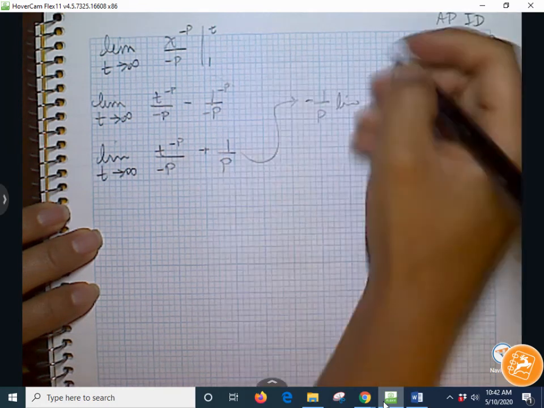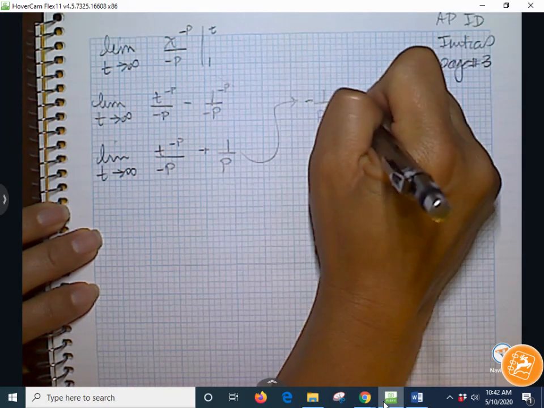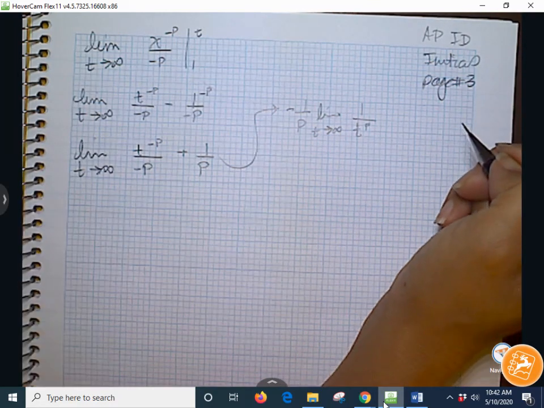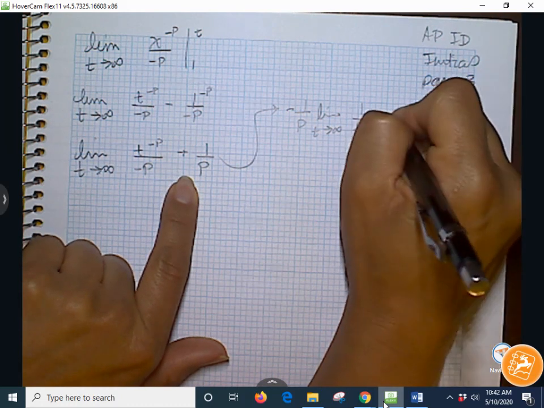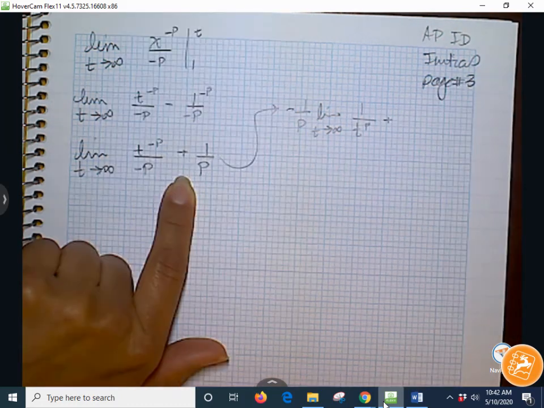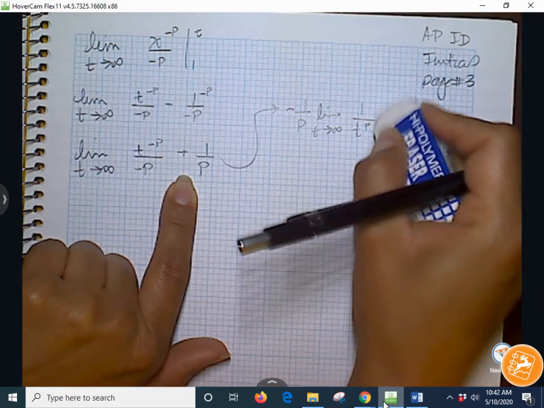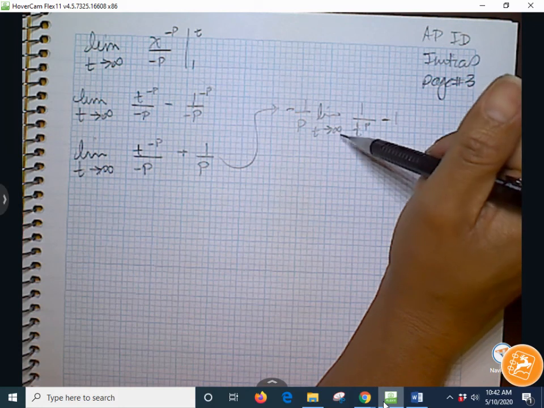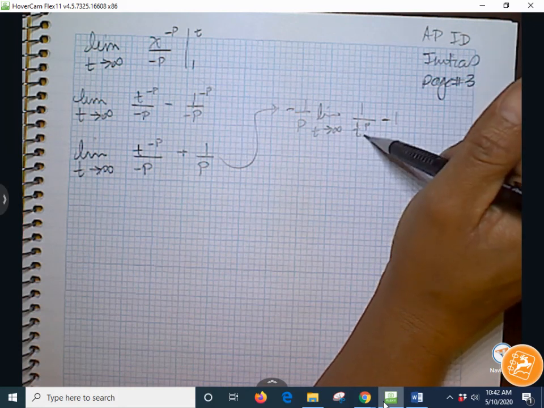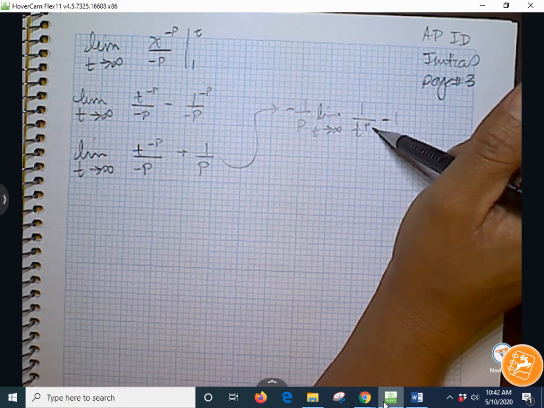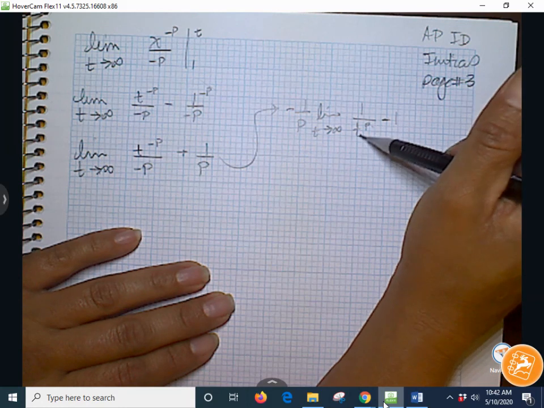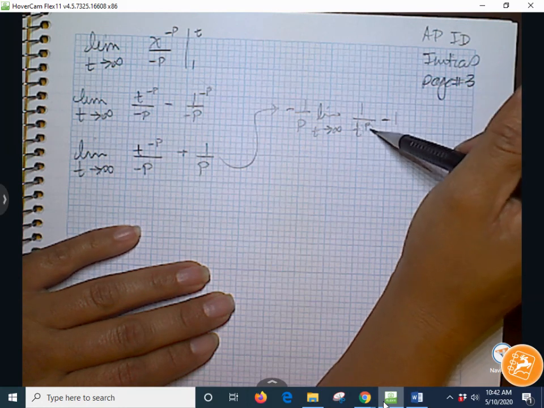Okay. And so when I do that, this is going to be 1 over t to the p minus 1, as t goes to infinity. And so when I put infinity in here, since p is greater than 0, if it's a positive power, infinity to any of that is going to go to 0.